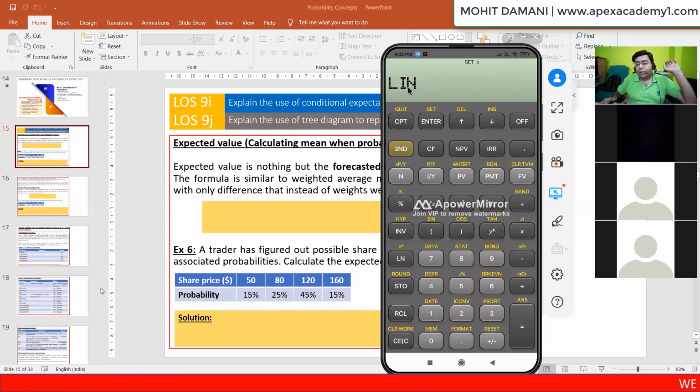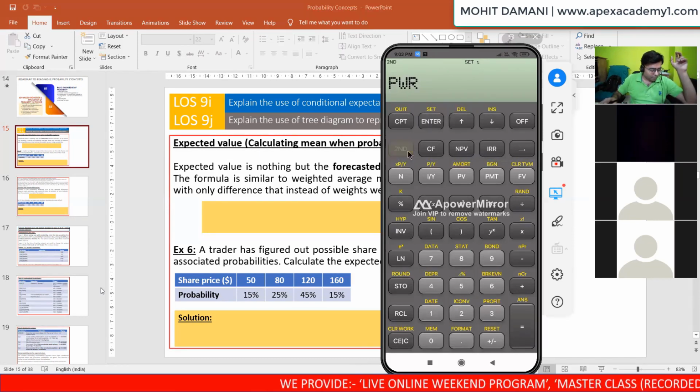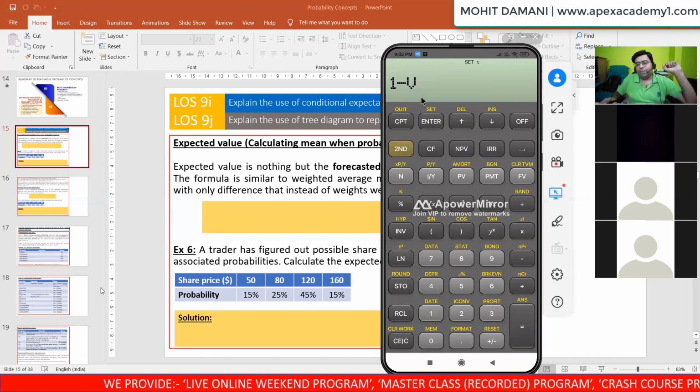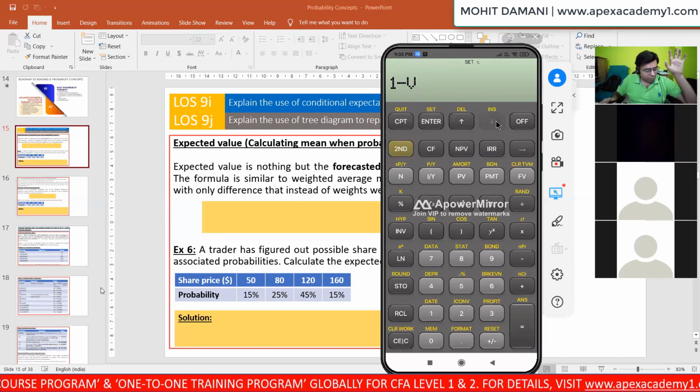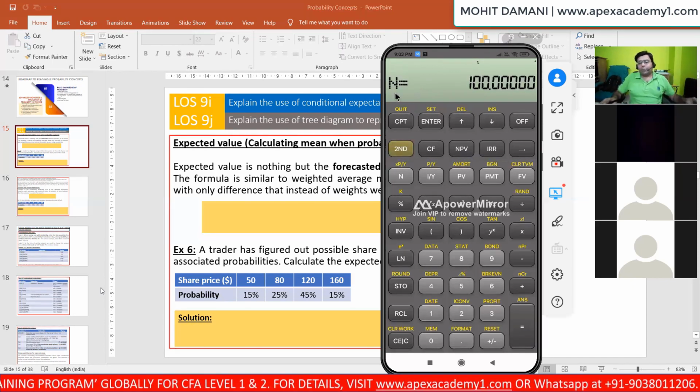It is in LIN mode and I don't want LIN now, I want 1-V. So what I will do is second and then enter, and I will keep repeating it till I get 1-V. Okay, everyone with me? Now do you have 1-V? Now you can press arrow down. See, this is your checkpoint.